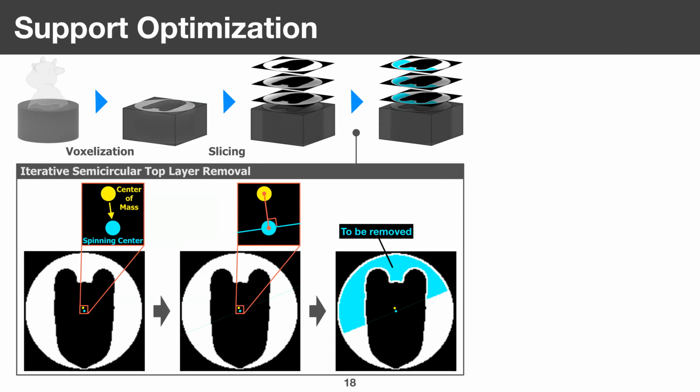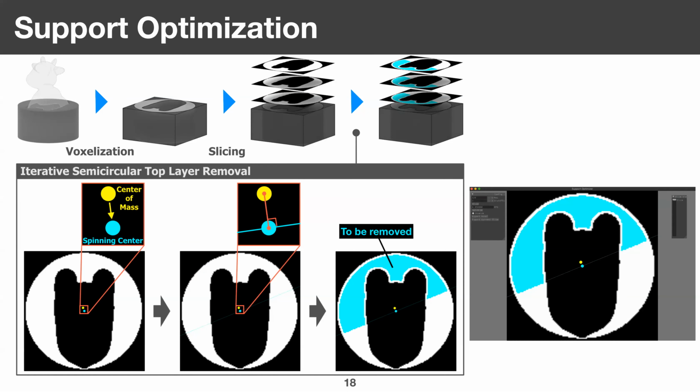So we first voxelize the support structure and slice it into a bunch of slice images. Then we apply the iterative semicircular top layer removal procedure. In this procedure, we attempt to align the center of mass to the spinning center.